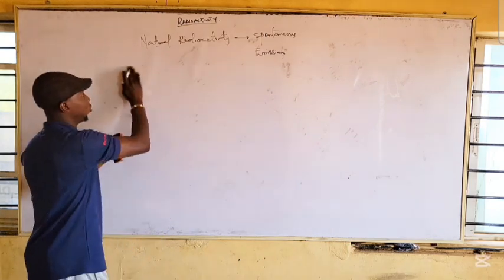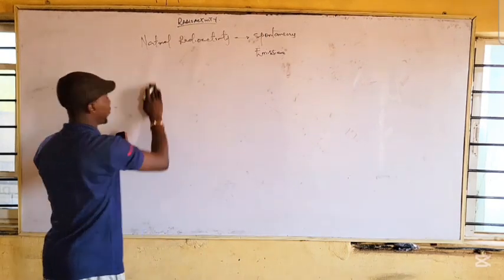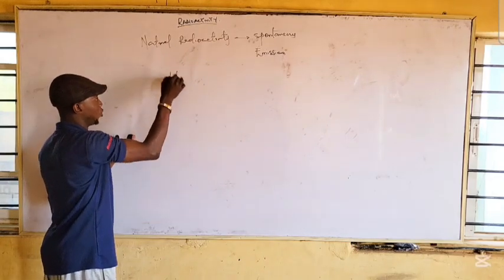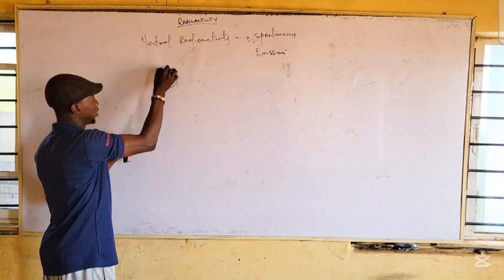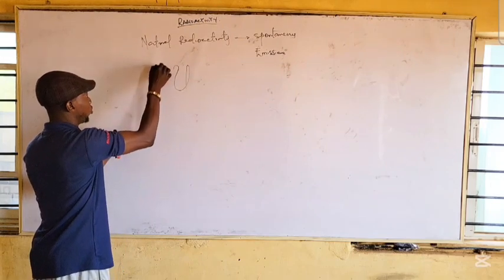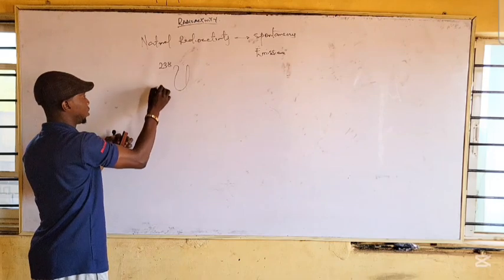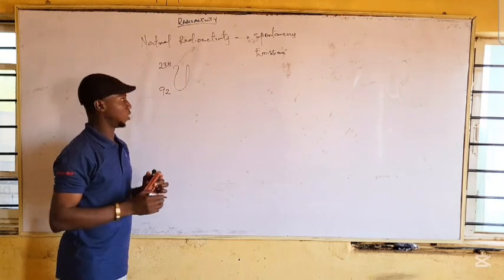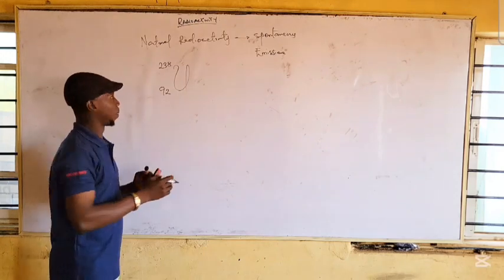Now look at the reaction above. We call this type of reaction nuclear reactions. We have U-238, 92. This U represents an element known as uranium.